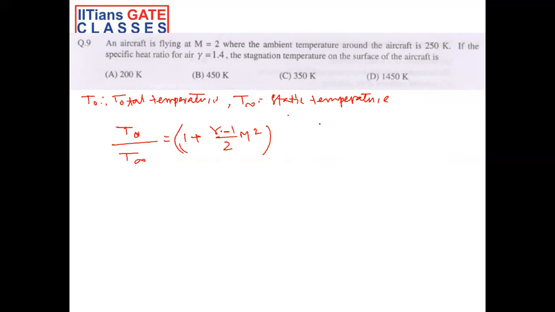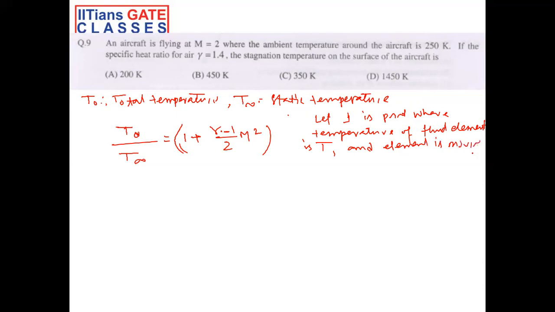Okay, so let's assume that one is a point where the temperature of the fluid element is T, and the element is moving at a velocity v.